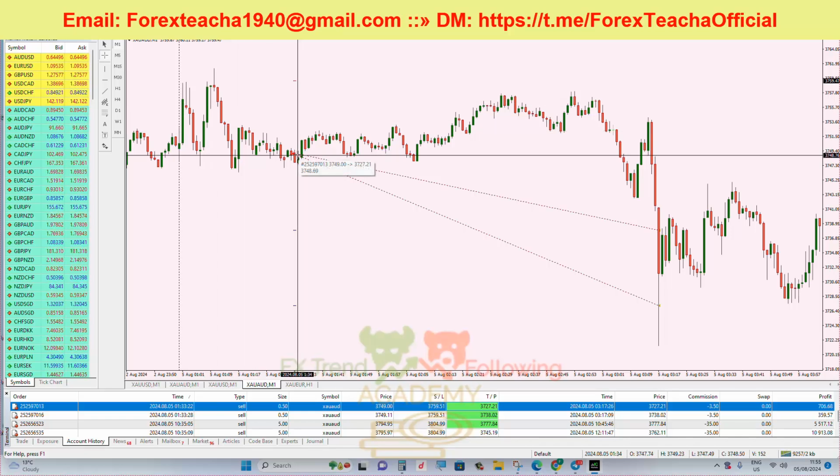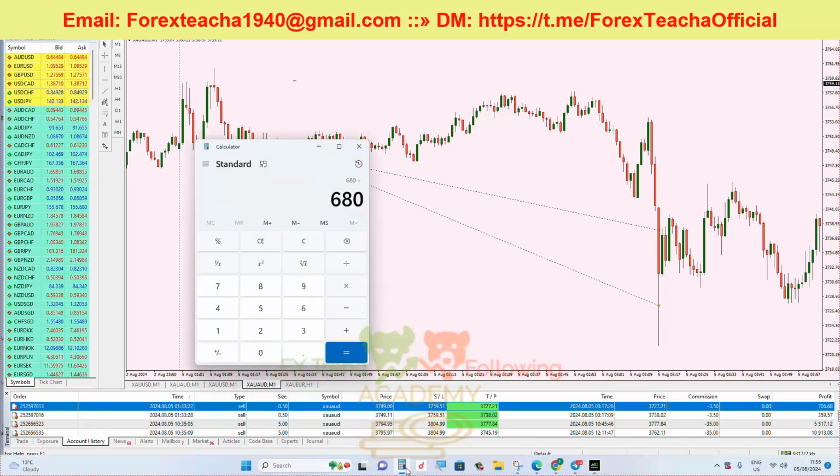This was our entry. It closed right here with the same candle. This was 220 pips in profit, even if it went down all the way here. So let's quickly just add this one. This was 220 pips.